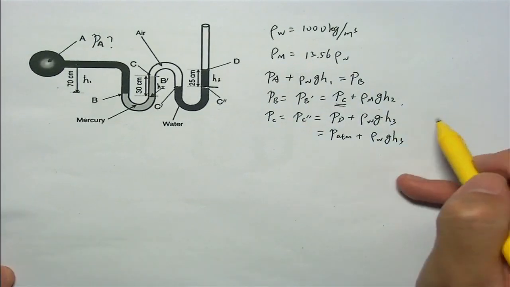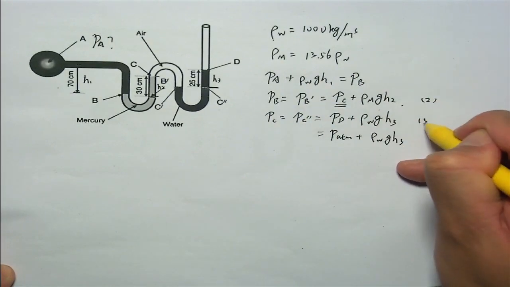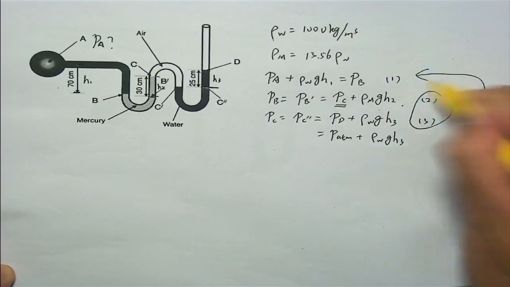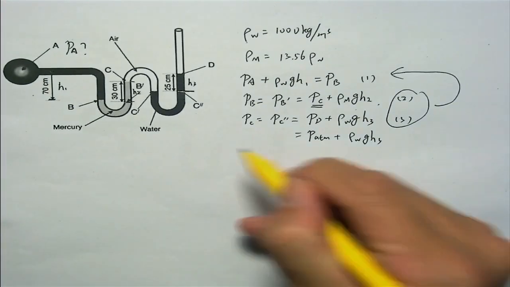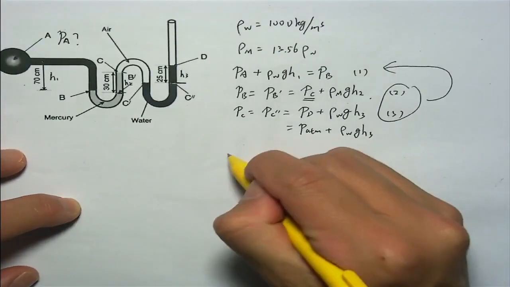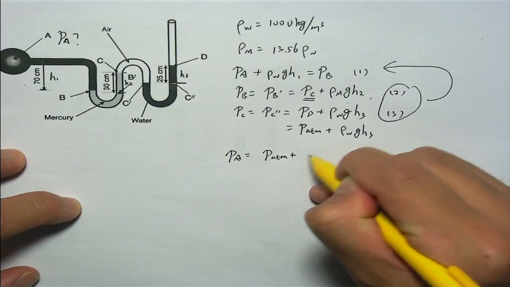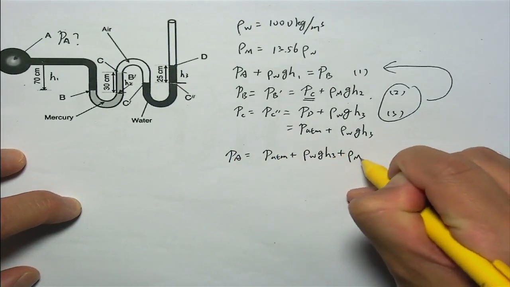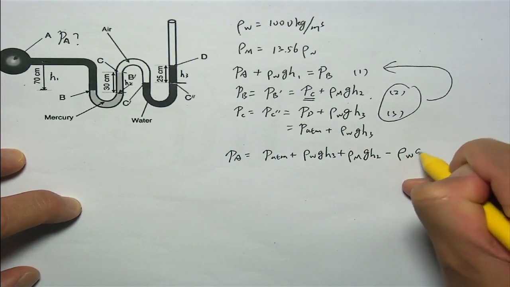So we can just use these two equations, put that into equation 1, we got PA is P atmosphere plus rho W g h3 plus rho mercury g h2 minus rho water g h1.